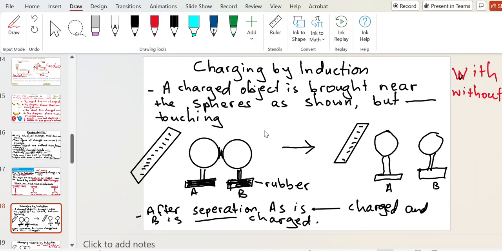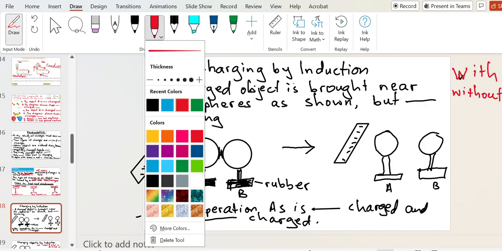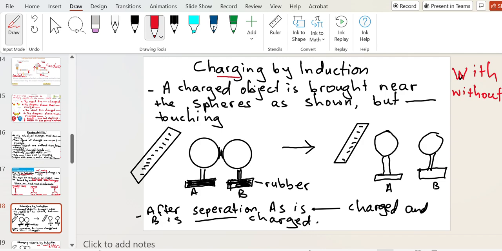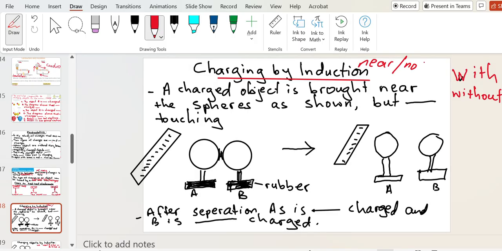I want to make this short. Charging by induction. Induction means no touch. You just bring the charged object near the object, and it is not touching it.